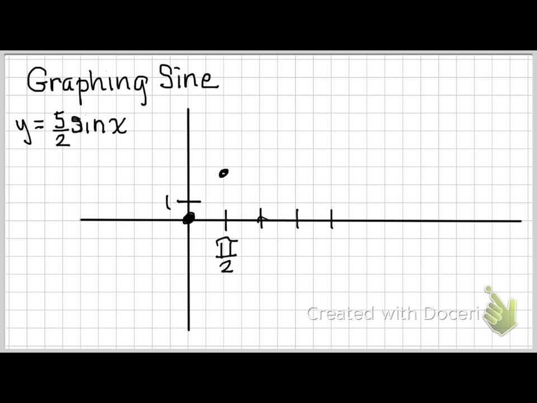And then I'm still going to have the pi at 0, and then the negative will go to negative 2.5. And then I'm still going to have 2 pi at 0. And then there's my graph. So what this did was, this 5/2, it did what's called changing the amplitude. It's changing the height of the function.